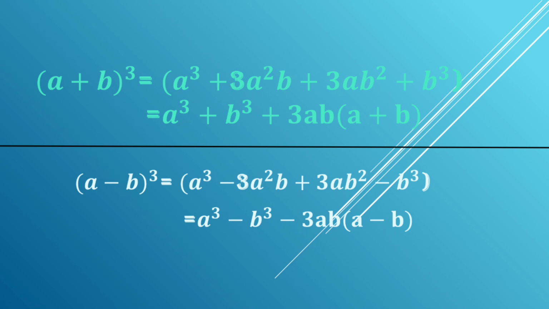The rest of the formula will be the same: a cube - 3a square b + 3a b square - b cube. And here you can also write this formula as a cube - b cube, and then from these two middle terms you can take -3ab as common, so inside is left (a - b). So this is the formula of (a - b) whole cube, and this is the formula of (a + b) whole cube.